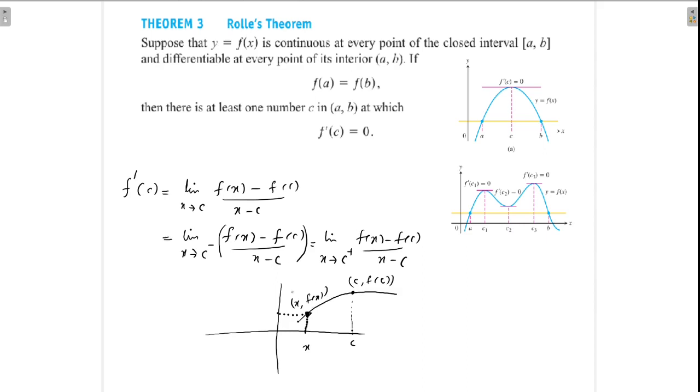So this gives the slope of the straight line passing through these 2 points. That will be the equation for finding the slope of the straight line passing through these 2 points. So this will give the slope of this line.